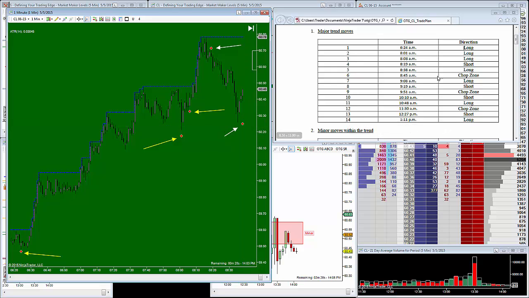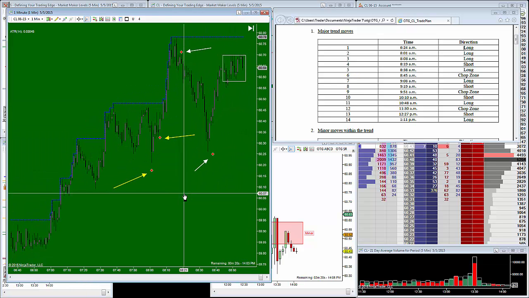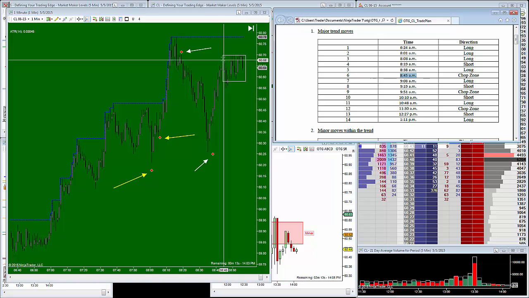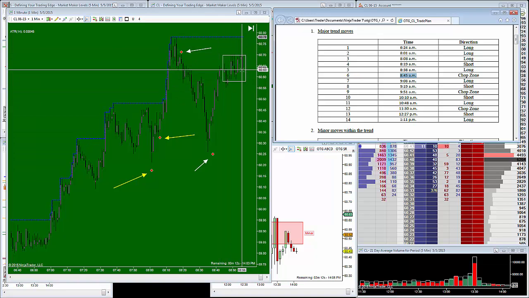And then, of course, we said long again at 8:38, and it was right there. That's 8:35, so it happened a couple of minutes earlier than anticipated. And then we expected the market to move up into a chop zone at 8:45 a.m. Well, if you look here, this began to chop at 8:45 a.m.